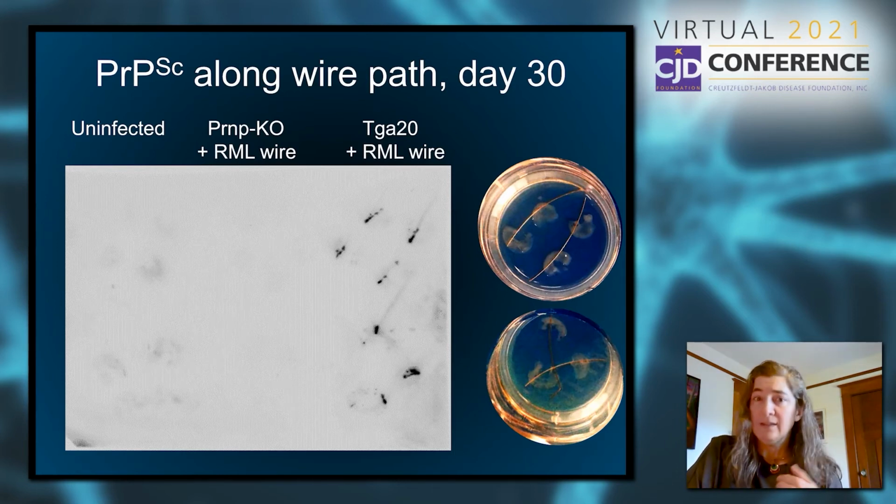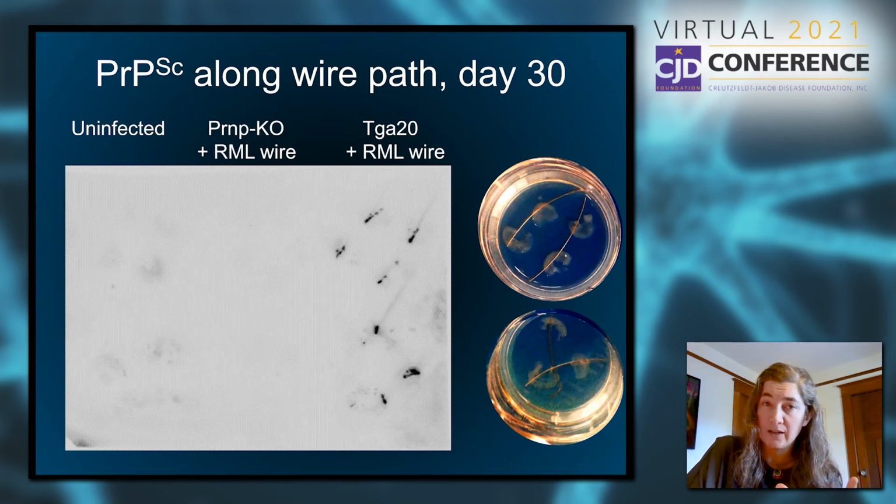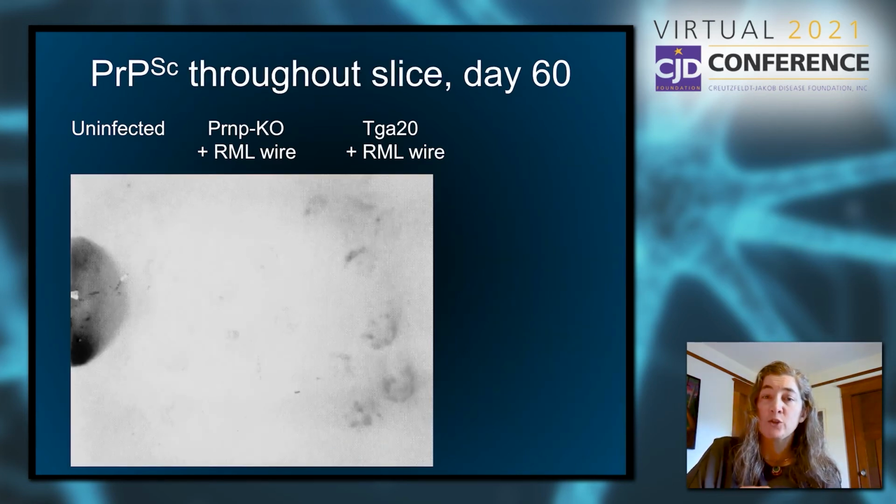We thought, well, I wonder if this is the start of infection in these specific regions, but will it then progress fully to the entire slice or not? So we've just recently done some day 60 examples, again, exposed to wire, and we have found that in this case, it does start to resemble the pattern where we infected it just by immersing the whole slice.